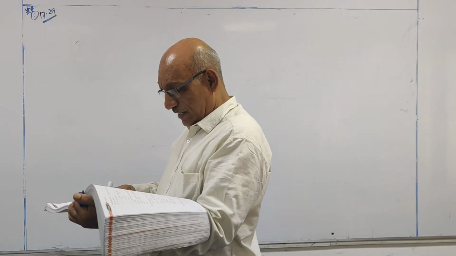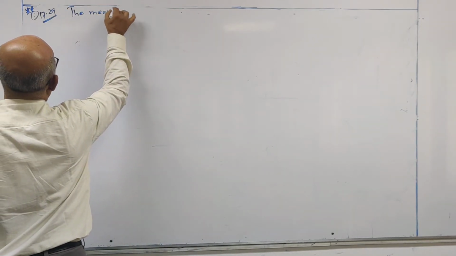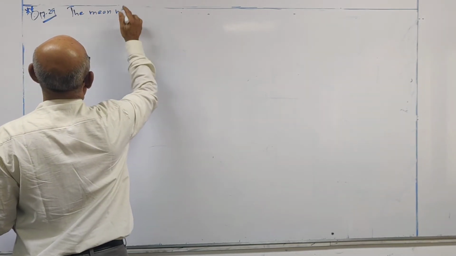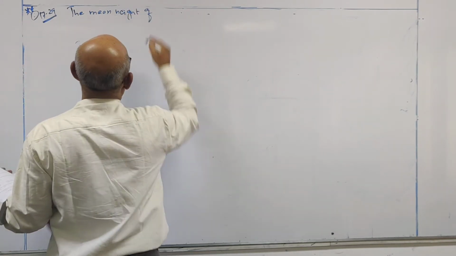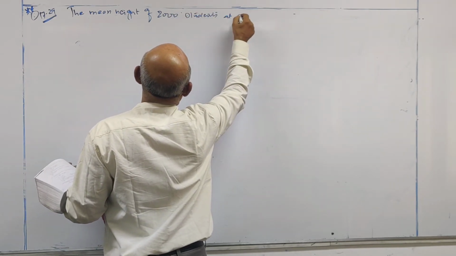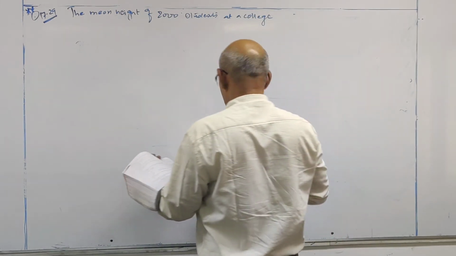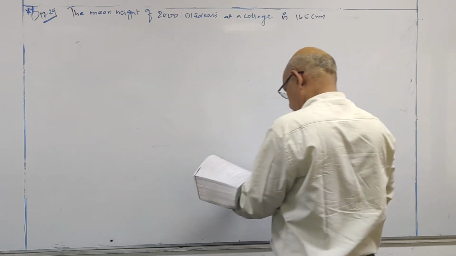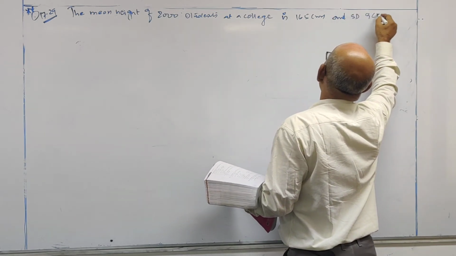The mean height of 2000 students at a college is 165 centimeters and standard deviation 9 centimeters.